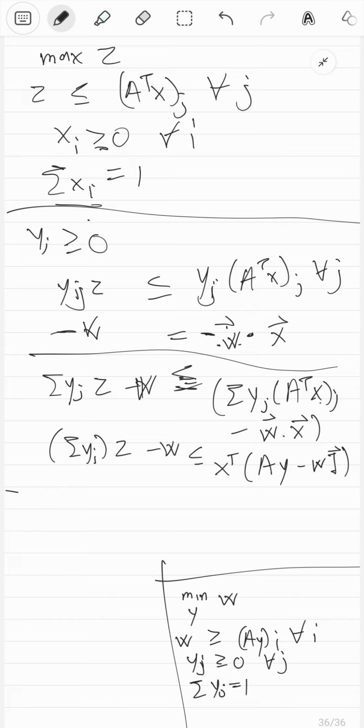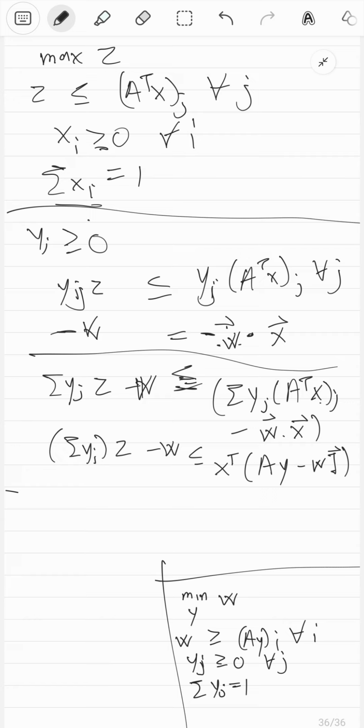Now we can impose a really nice constraint, which is that the summation of yj should be equal to 1.